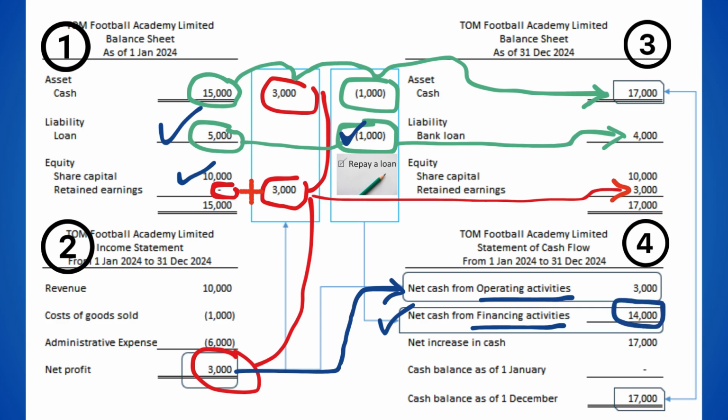The cash balance as of December 31st, as shown in the cash flow statement, is $17,000, matching the cash balance in the balance sheet. This case study demonstrates how transactions flow through the financial statements and how they affect the company's financial position, performance, and cash flow.